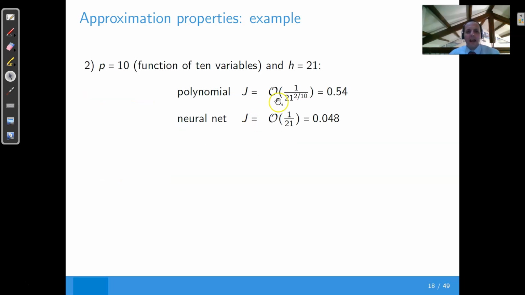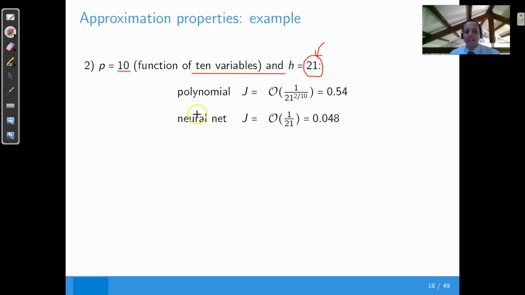But when the number of inputs increases, for example, we have a function of 10 variables, which is quite common in neural networks, and a number of 21 neurons.